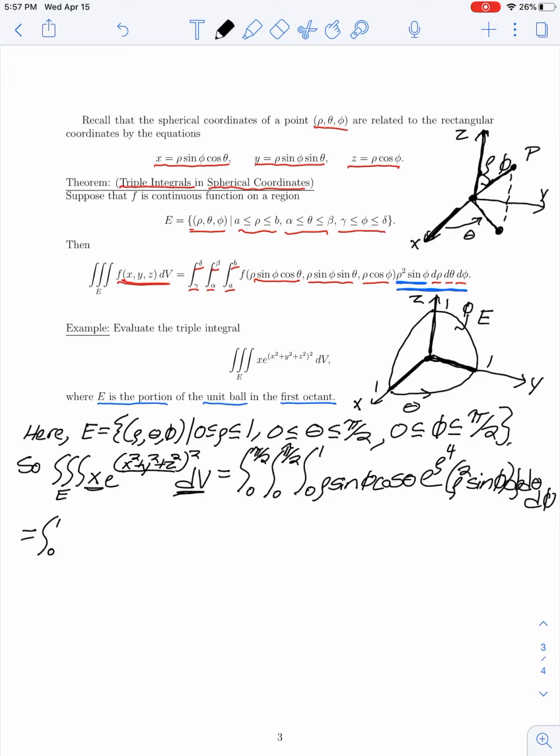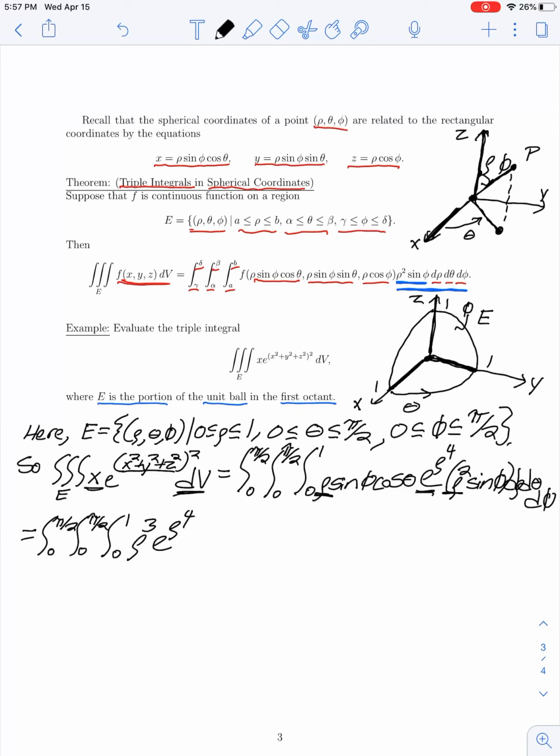So here we had outer integral from 0 to pi over 2, and 0 to pi over 2, and 0 to 1. Now if we group all of our rho terms together, we have rho squared times rho times e raised to the rho to the 4th power. So all together we have rho cubed e raised to the rho to the 4th.